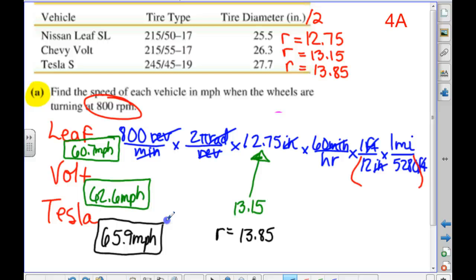Okay? It also means if you drive for 1 hour, the car thinks you went 60 miles and you really went 66. Which means if you did that 1,000 times, you'd have 60,000 miles on the odometer when you really drove 66,000 miles.